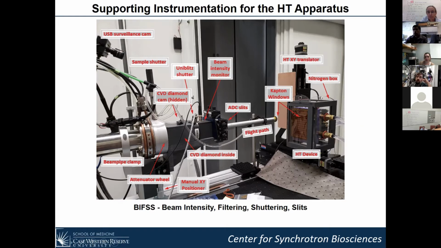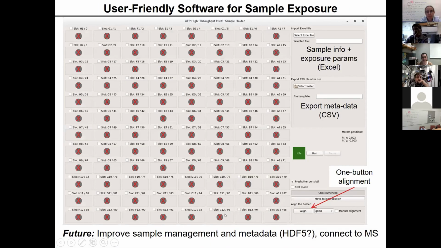We have the shutter, and then a couple of tools that monitor whether the shutter opened. We can also set up slits to adjust, cut, or trim beam size. Then this proceeds down a helium flight path to interact with the sample. This shows a quick overview of the interface we have for this device.